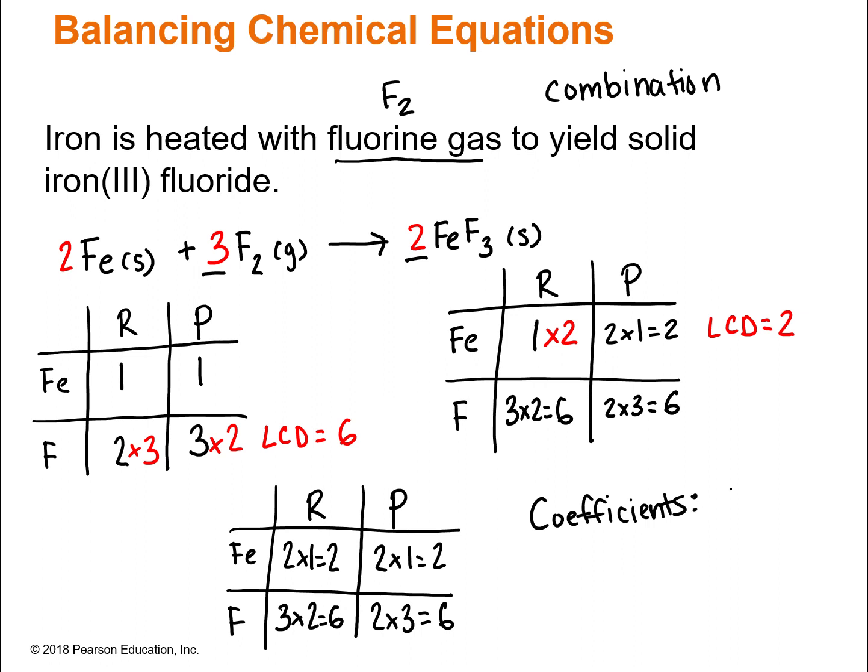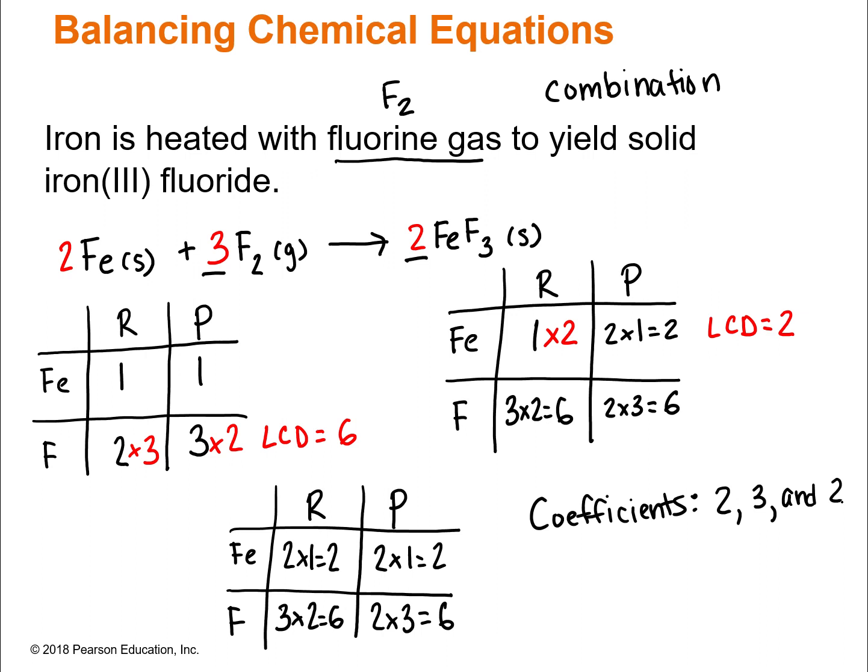Our coefficients are 2, 3, and 2. Always make sure that your coefficients are as small as they can be. They should be the lowest whole number ratio.